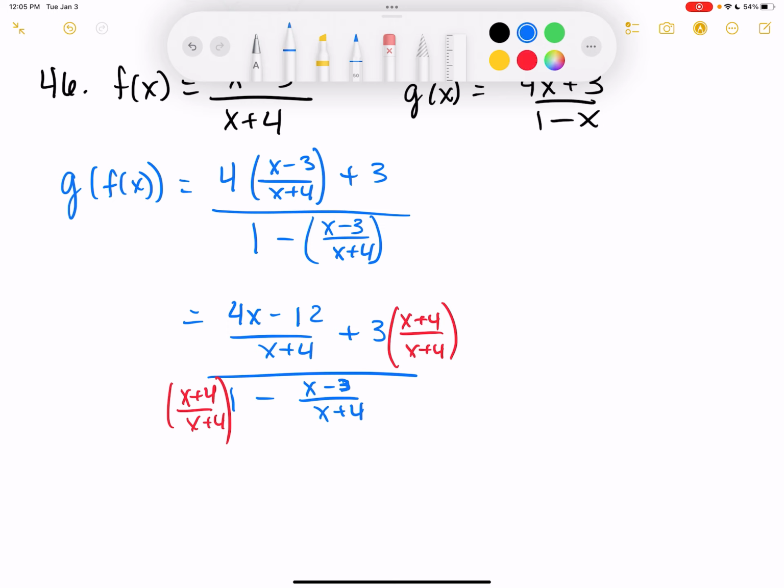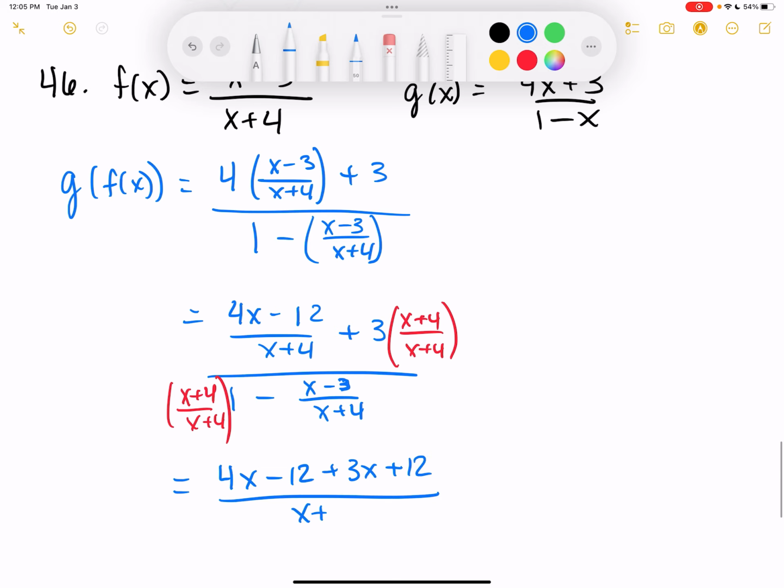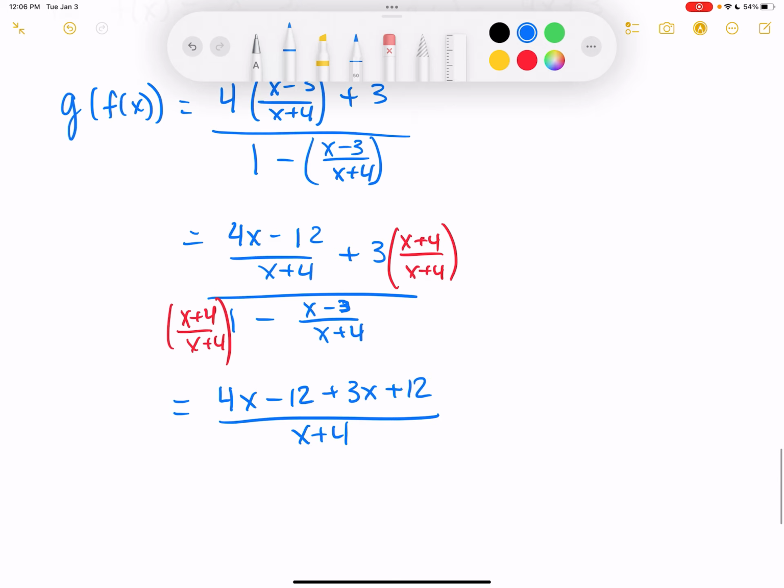So I have on top 4x minus 12. This is giving me a common denominator, so I'm going to write it all together. Plus 3x plus 12 over x plus 4, all over, on the bottom, x plus 4 minus x plus 3 over x plus 4.